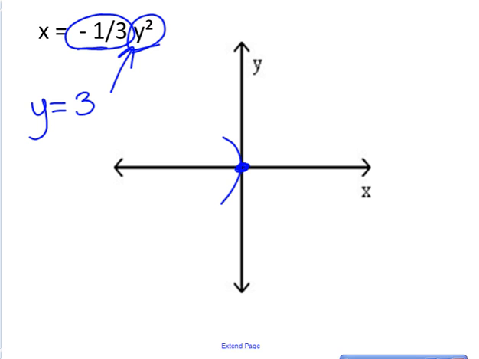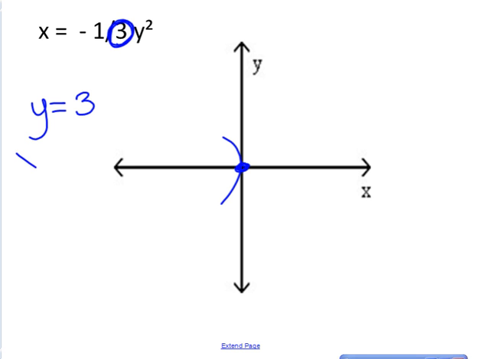And I will tell you why I chose 3 instead of 1. If you take a look at this number right here, since that's in the denominator, that's a fraction, I'm going to choose that number. Now, if that had not been a fraction there, it wouldn't matter. I would have picked 1. But since that is a fraction, I'm going to choose 3.